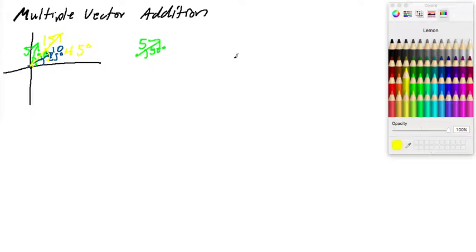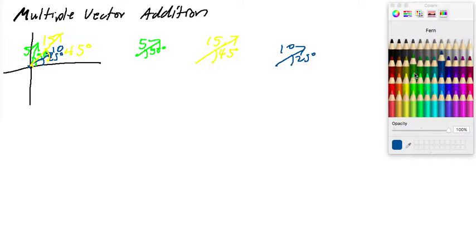You have your second vector, magnitude 15 at 45 degrees, and your third vector, magnitude 10, angle 25. As you can see, they're not proportional and the angles are a little bit off, but just bear with me and follow the math.